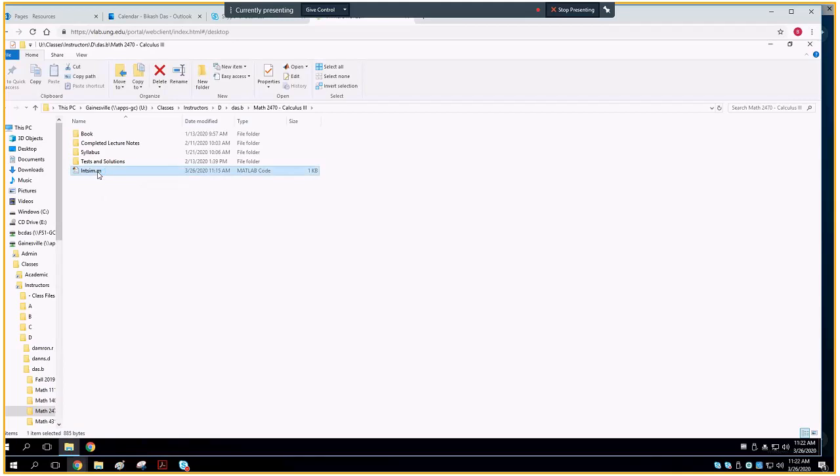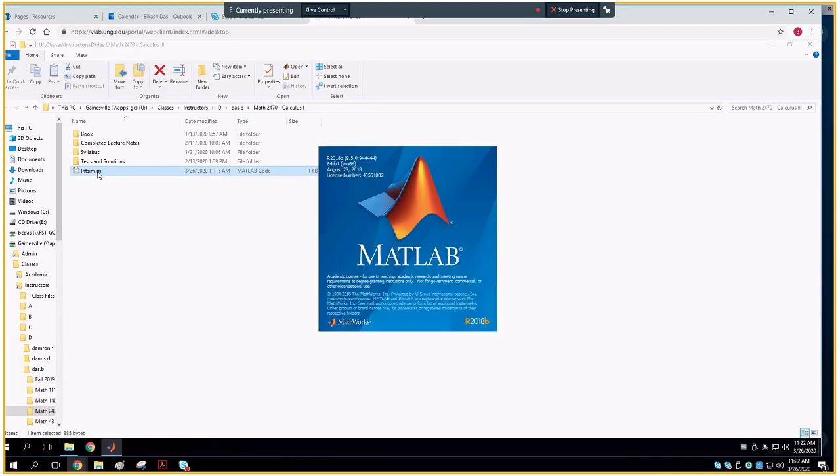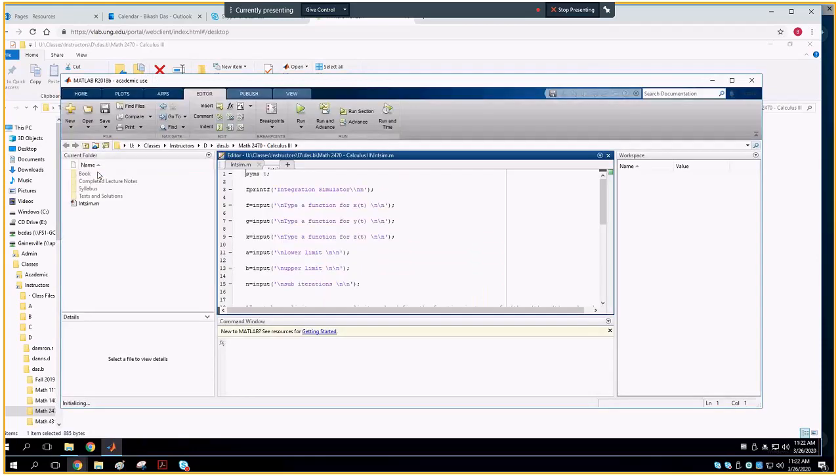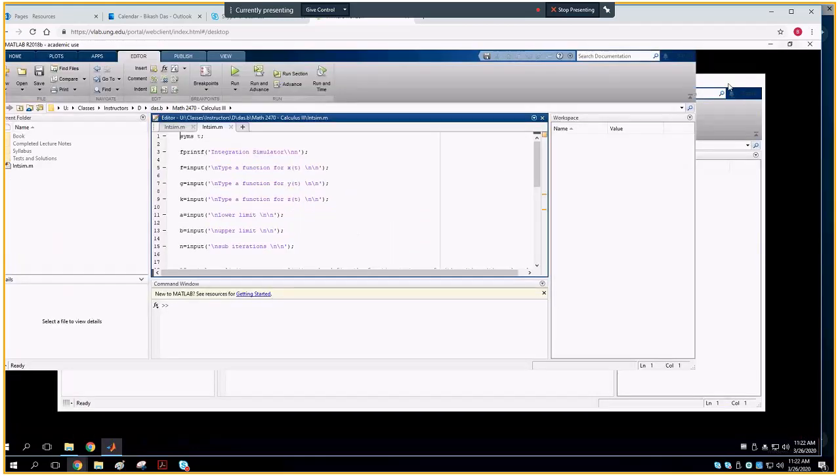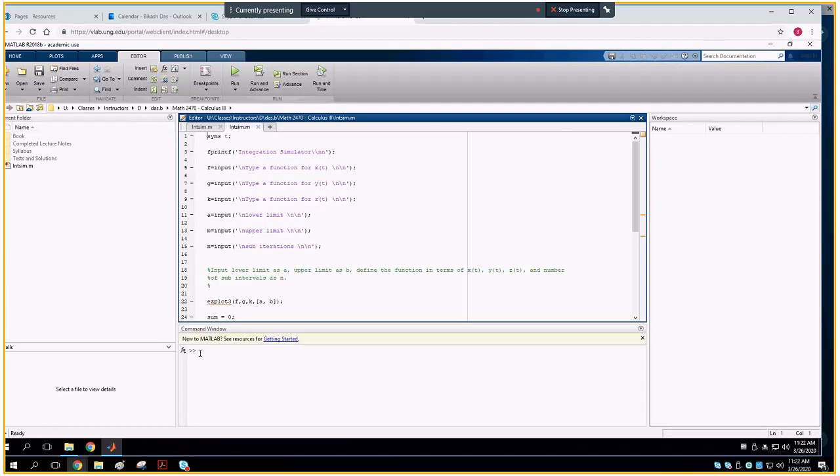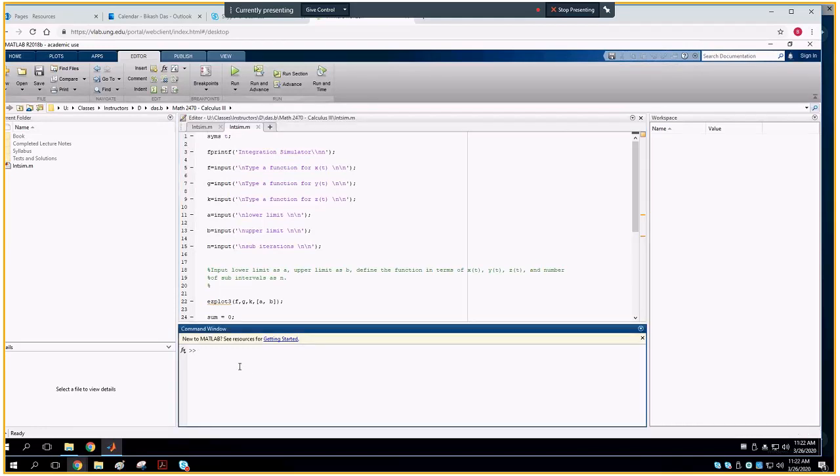Double click on that. It's going to open the MATLAB page with the coding, and we're going to solve our problem using this code. So that's the coding. You see the double prompt here, and we're going to work out the problem here.